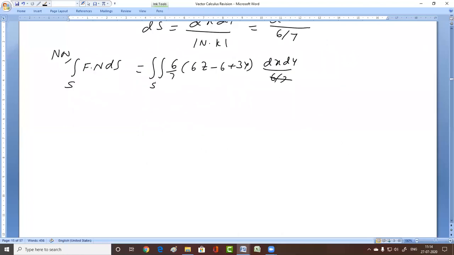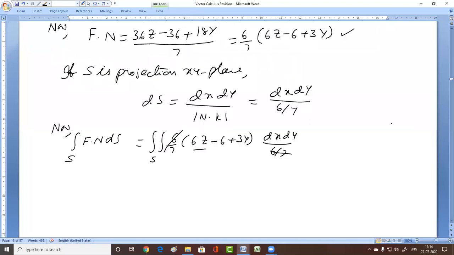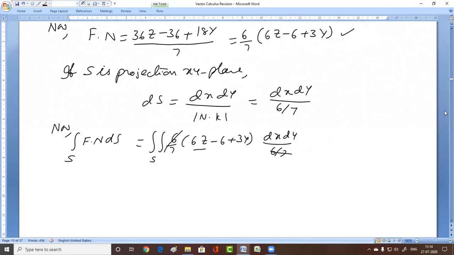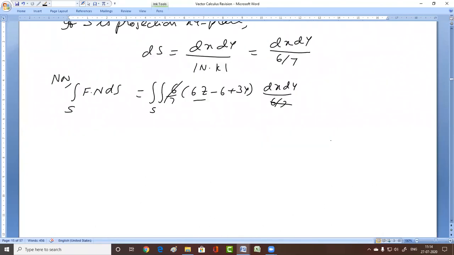Now we integrate with respect to x and y. This looks like the double integrals from multiple integrals. Here we integrate with respect to x and y only, but z is the unknown quantity. What is the given surface? The given surface is 2x plus 3y plus 6z equals 12.